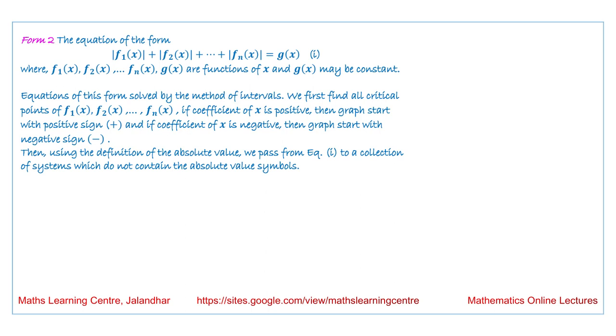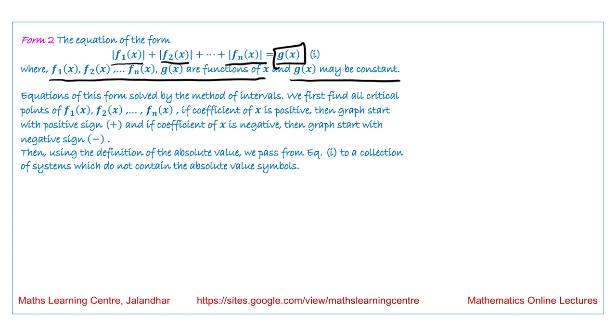Now the second form is an equation of the form |f1(x)| + |f2(x)| + ... + |fn(x)| = g(x). These are functions of x, and g(x) may be any constant.